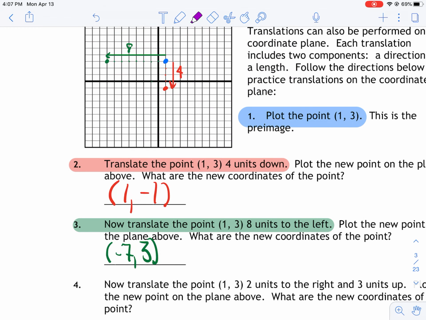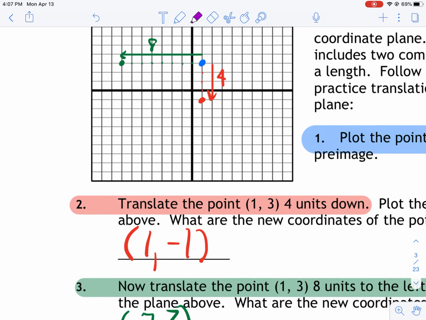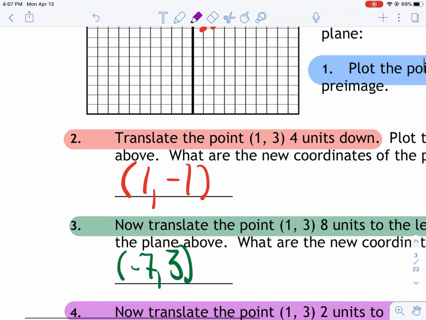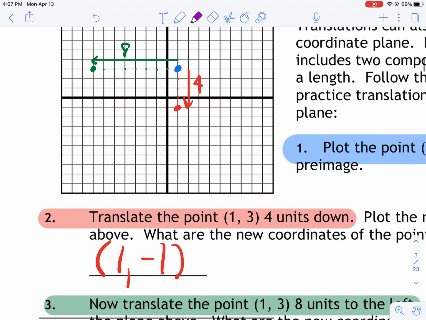That contains 2 components. It contains a horizontal component and a vertical component. So if you notice here, we're going to translate the blue point 2 units to the right and 3 units up. All right, so we're going to start and translate 2 to the right, I believe is what it said.